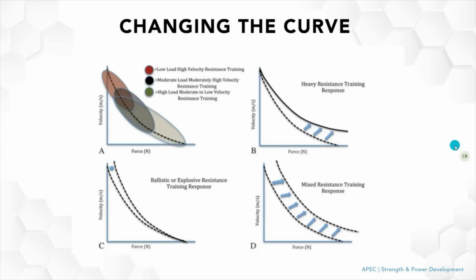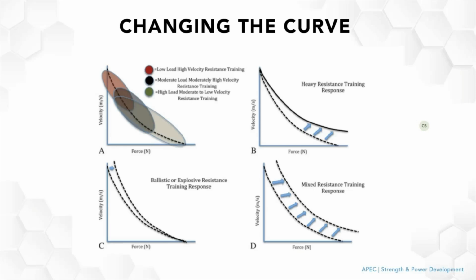Okay, so when performing a power session, you always need to be considering what is the intent of that session, okay? So thinking back on the force velocity curve, if you look at these images here, I don't want you to get too confused, but on the y-axis now you have velocity, whereas we now have force on the x-axis, or on the bottom, okay?